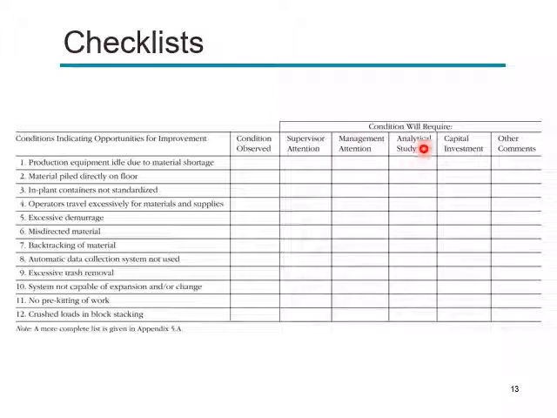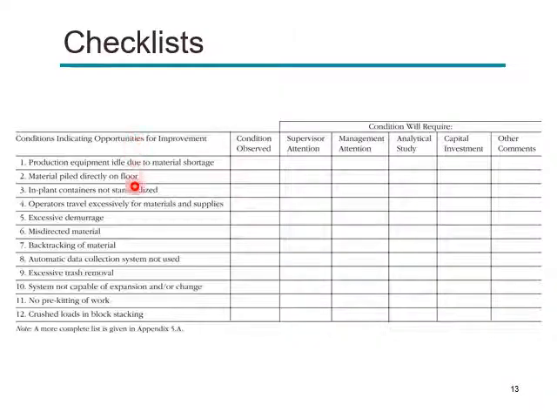If we need an analytical study so that we develop a better dispatching and scheduling method so that there will not be any material shortage, again we put a tick over here. If we need some capital investment, so we buy new material handling equipment or a new kind of software and so on, then we put a tick here. And also if there are some other comments, we can fill in this one.